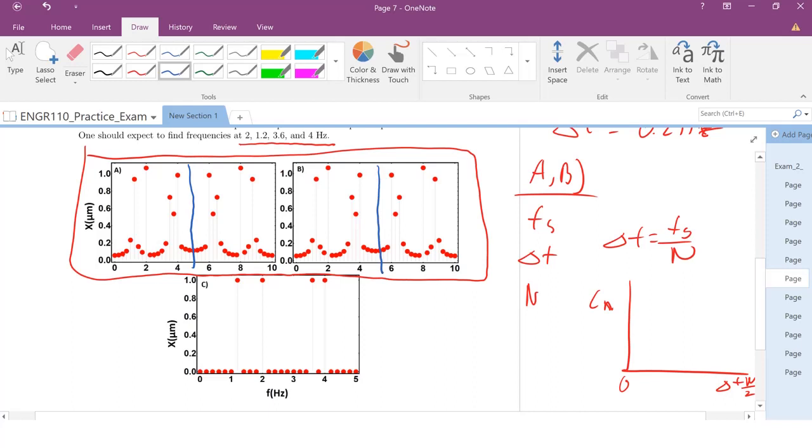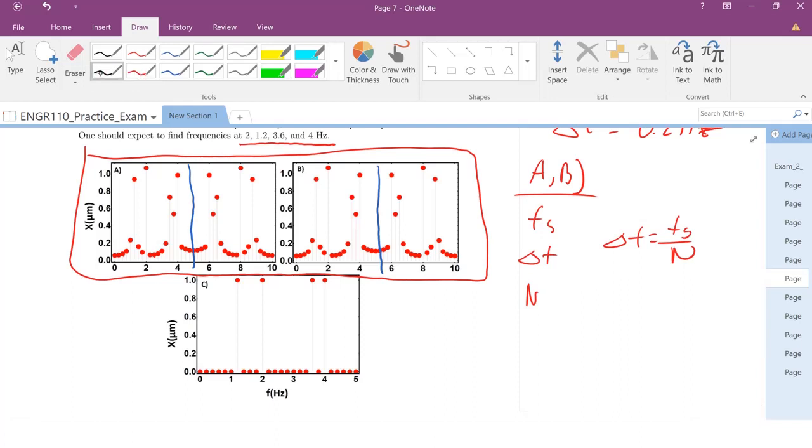If you see mirror symmetry in a Fourier analysis, they plotted it not to delta F times N over 2, but to delta F times N. So we're not looking at N over 2 number of points, we're looking at the total number of points N. So for A and B, it has mirror symmetry, so I know that I'm plotting to N number of points.